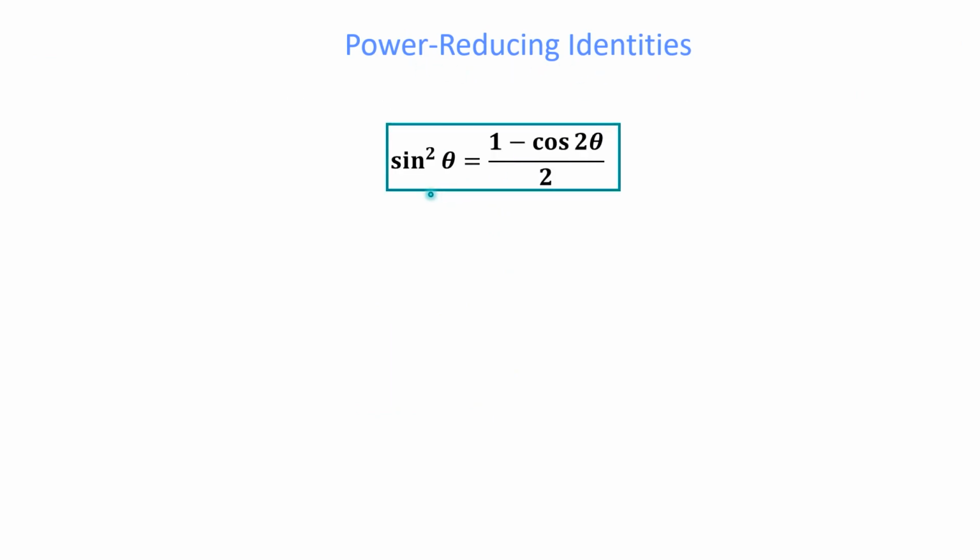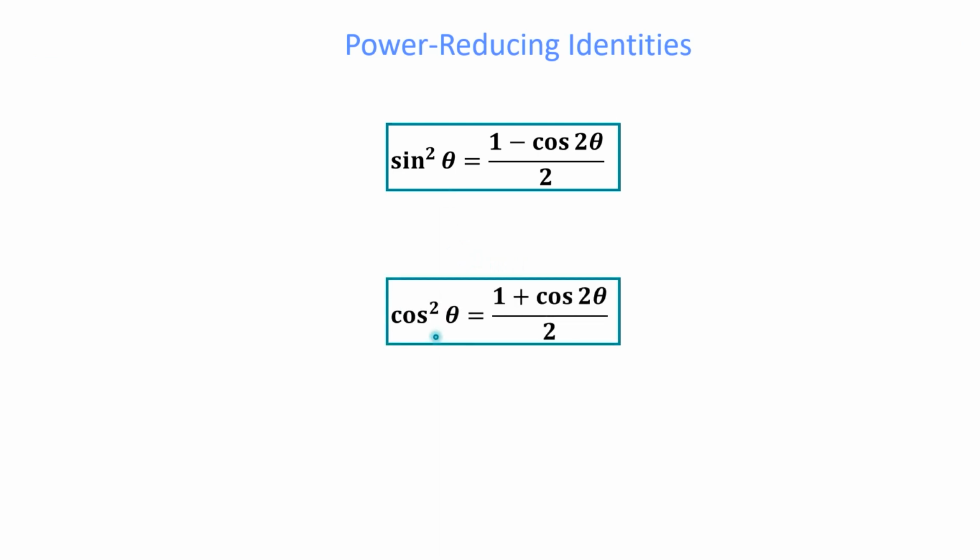Now let's look at the power reducing identities. So we have sine squared theta is equal to 1 minus cos 2 theta over 2. So why is it called a power reducing identity? Well, on the left hand side we have a power term, sine squared theta, and we've replaced it on the right hand side with a term which is a non-power. So this is why it's called a power reducing identity.